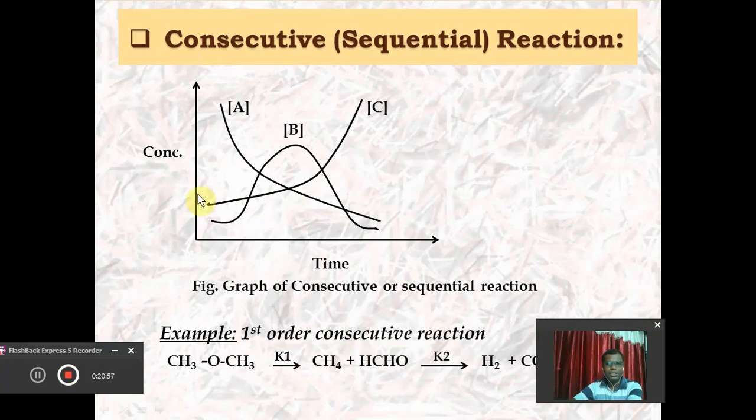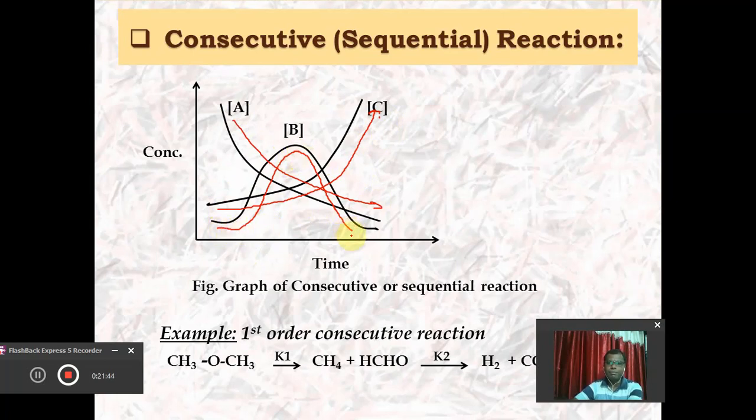This is the graph which indicates that the concentration of reactant A decreases continuously, while the concentration of final product C increases continuously, and the concentration of intermediate B initially increases and then decreases.